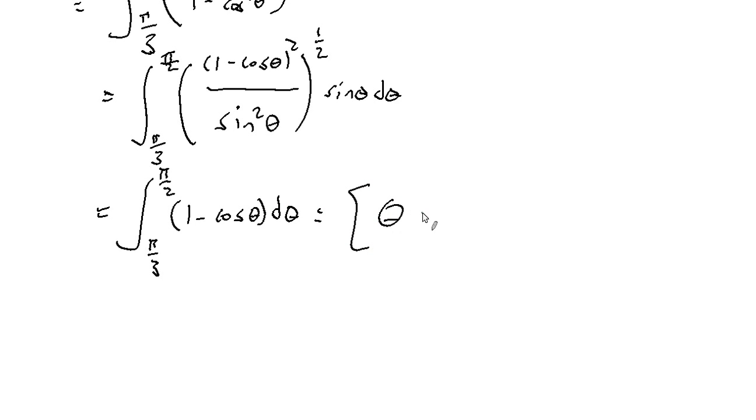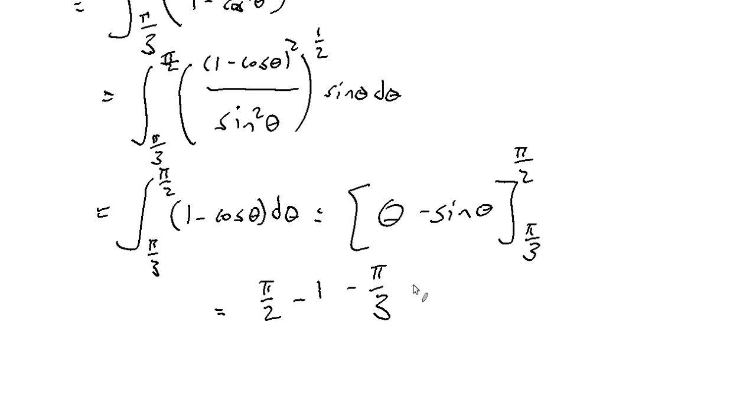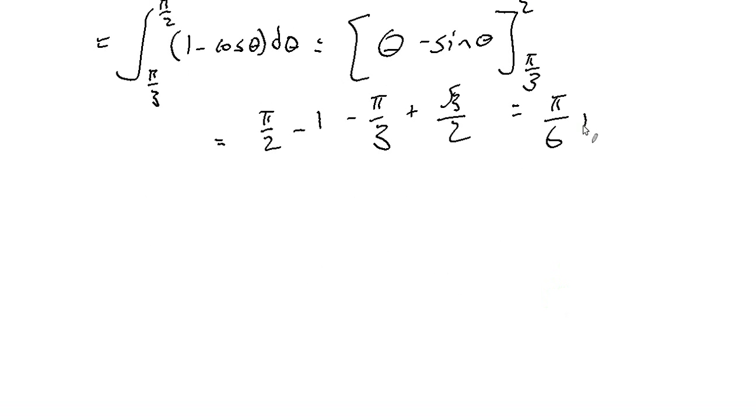It is theta minus sine theta between pi over 3 and pi over 2, which equals pi over 2 minus 1 minus pi over 3 plus root 3 over 2, which equals pi over 6 plus root 3 over 2 minus 1.